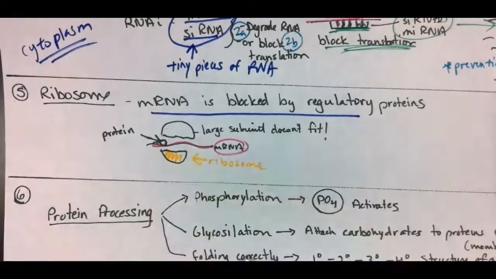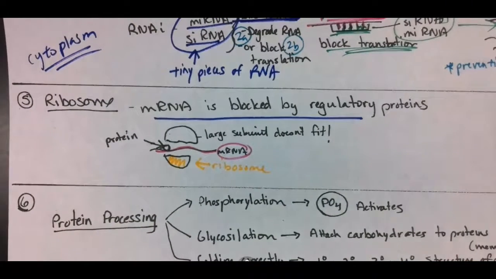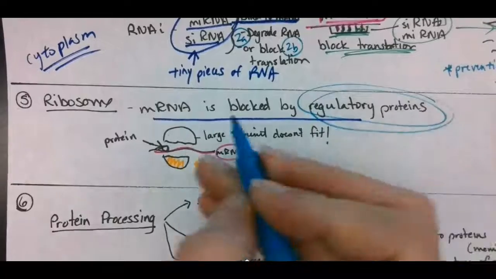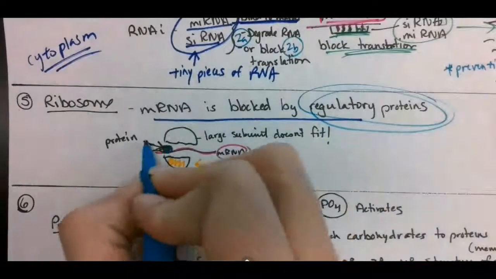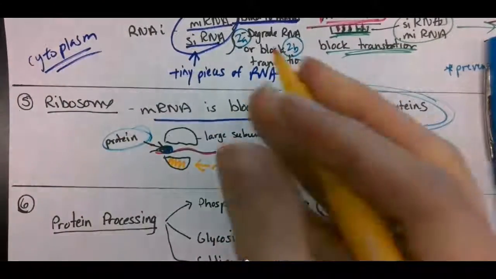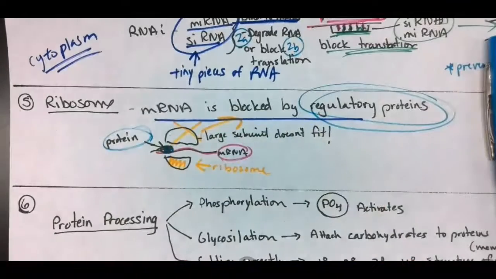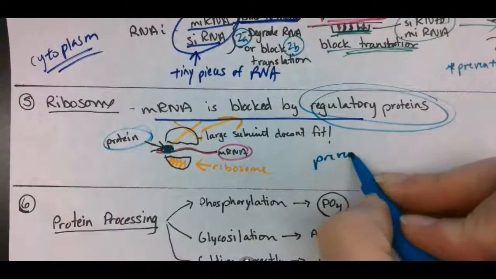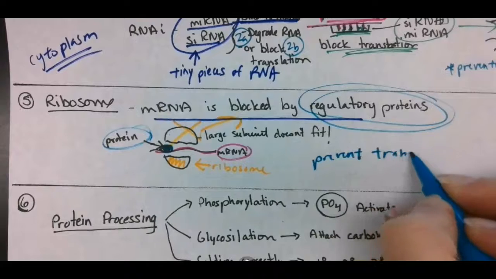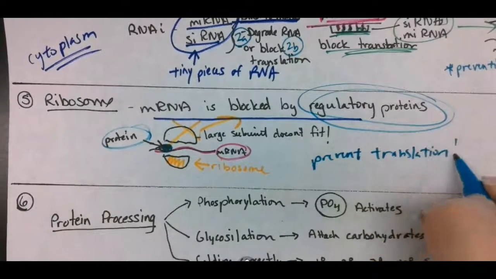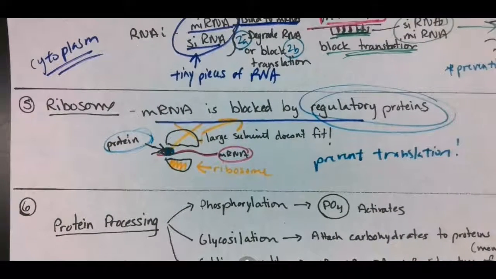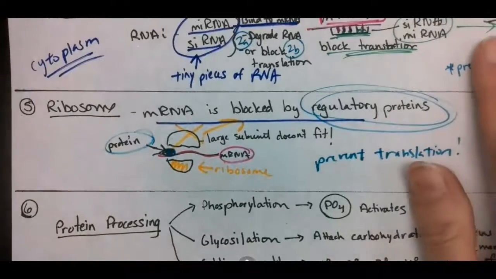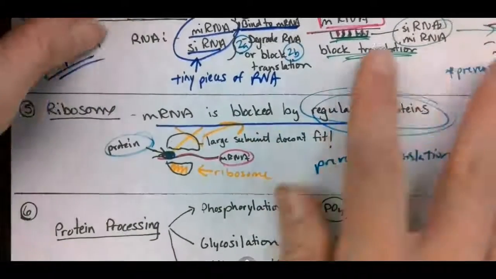If you want to prevent translation, you can have this regulatory protein joining to the mRNA and preventing the large subunit of the ribosome from attaching. So that can prevent translation as well. The next step we've already talked about as well. Again, this is preventing translation.